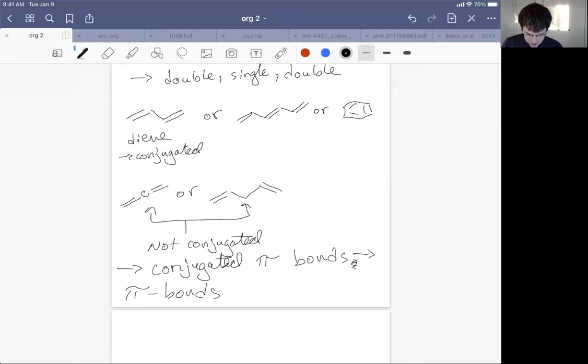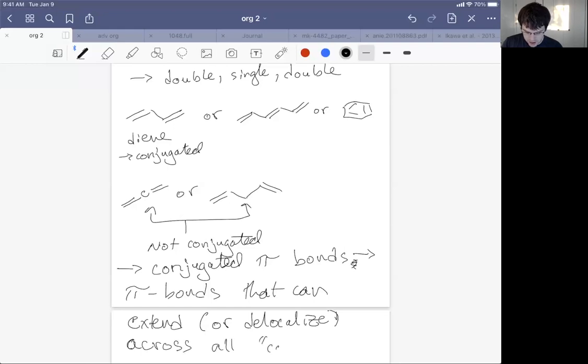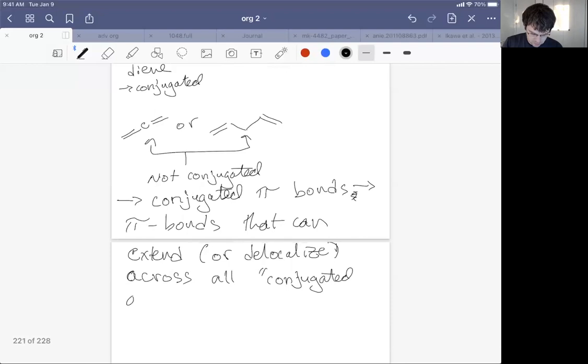This is pi bonds that can extend or delocalize across all, quote, conjugated atoms using resonance.